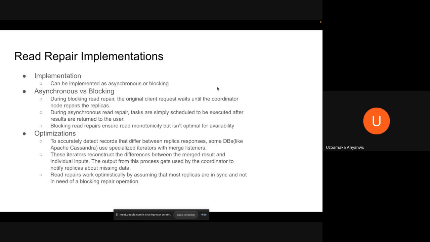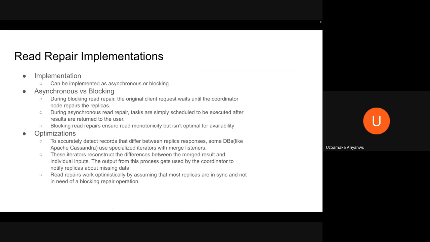Read repairs can be implemented in two ways. You have blocking read repairs and asynchronous read repairs. When a read repair is set to blocking, the read repair blocks the response until the writes sent to other replicas have been acknowledged.